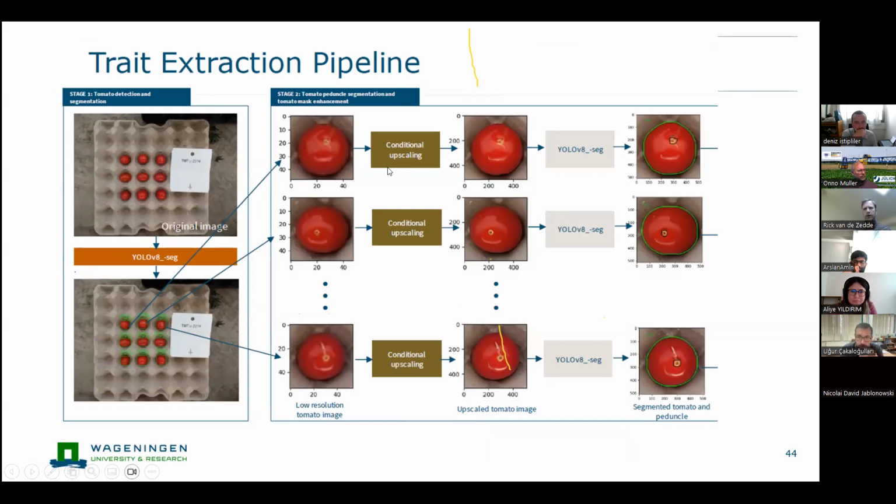The AI can also detect if the tomato is upside down or straight facing the camera or sideways. And if it detected all this, it can extract trace, and extract diameter, look at the peduncle scar size, or the color.